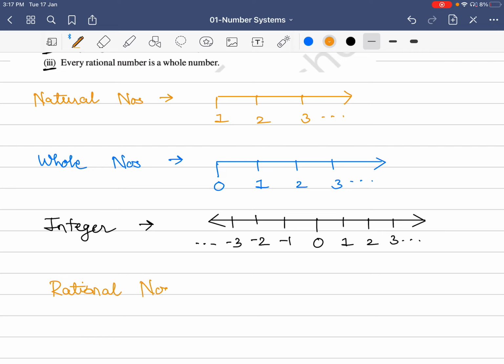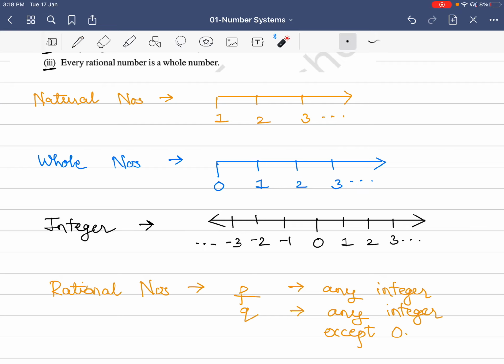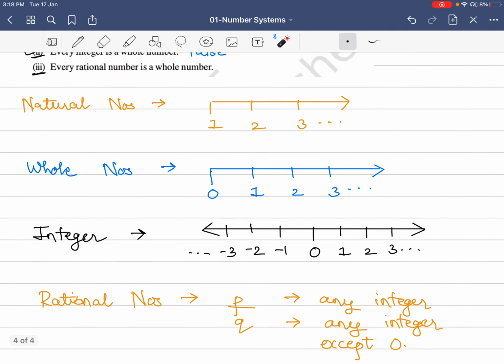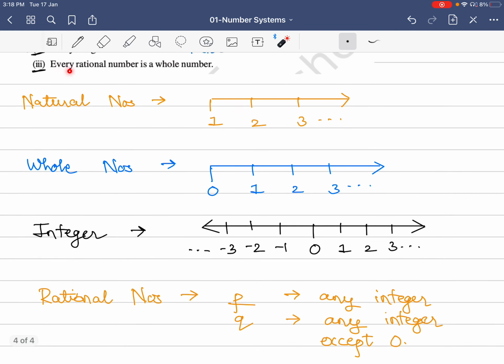We represent every rational number in the form of p by q, where p is any integer and q is also any integer except 0. Now let's focus on the statement. The statement reads that every rational number is a whole number.